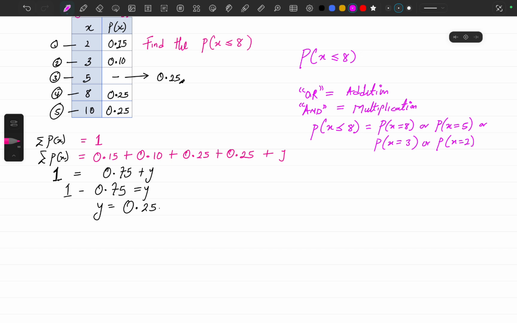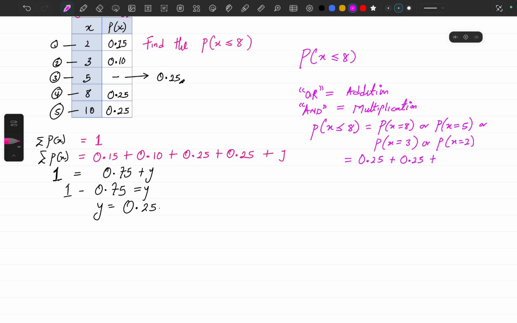And then if I do this, you know that is addition. So the probability of x equal to 8 is 0.25, or, which is addition, if it is 5, it's also 0.25.